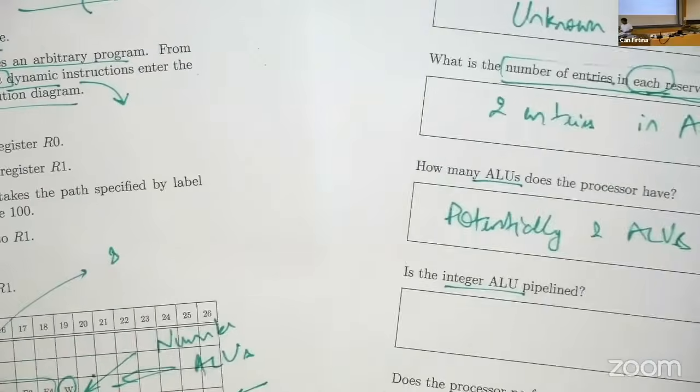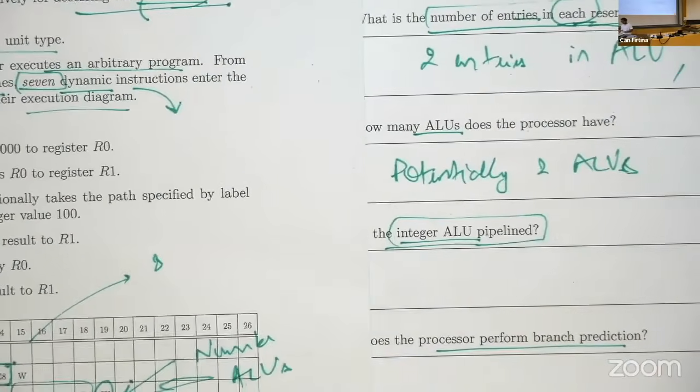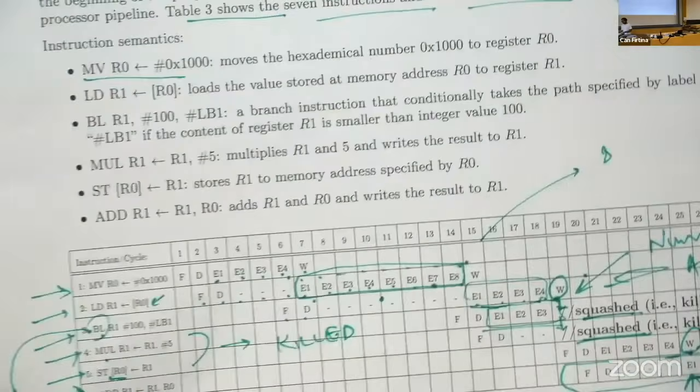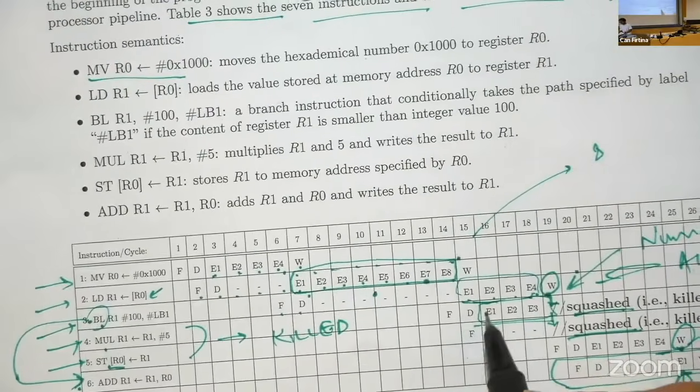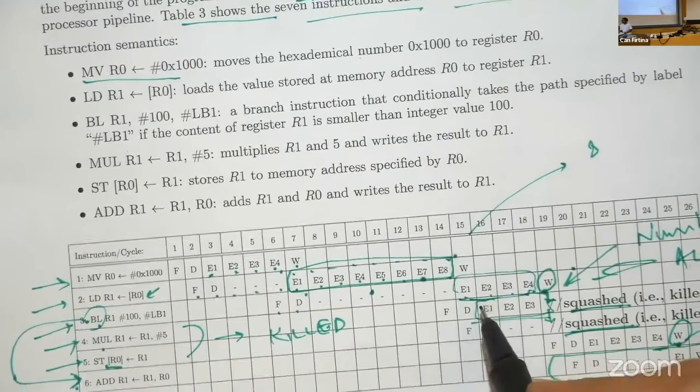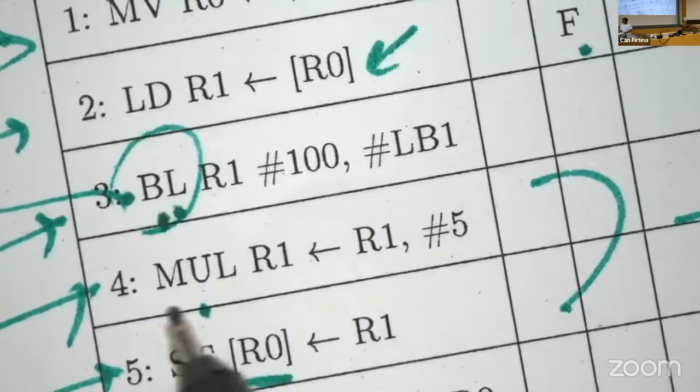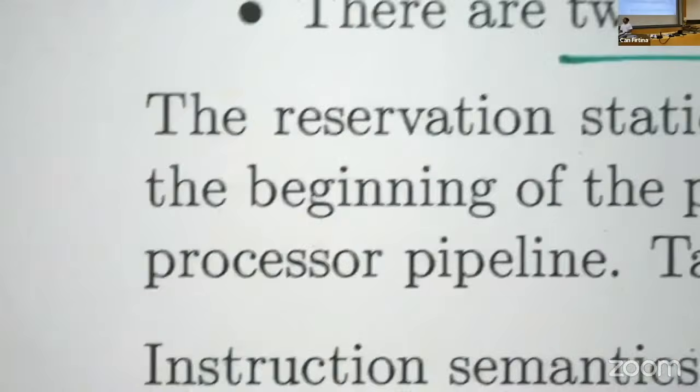Finally, the next question: is the integer ALU pipelined? Yes, the integer ALU is pipelined because we have the E2 stage. Once again, let's zoom into this part. Why do I say it is pipelined? First of all, this is a branch and this is a mul. And I know that the ALU, I apologize for the fast movement.